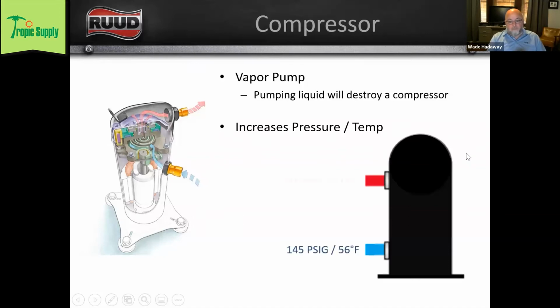So in this particular diagram here, we have 371 PSIG refrigerant at about 111 degrees coming out of our compressor, where we had about 145 PSIG or 56 degree refrigerant coming into our compressor.